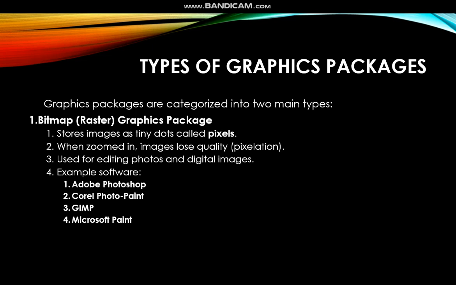It stores images as tiny dots called pixels, and when it's zoomed, the image loses quality, which is called pixelization or pixelation. So when you zoom a particular picture and it loses quality, it's called pixelation.